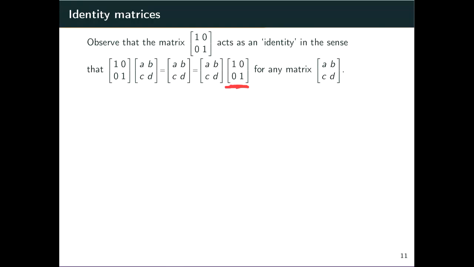And if you multiply from the other side, it actually does the same thing as well. So we're going to call this matrix the identity matrix, at least for the 2 by 2s.